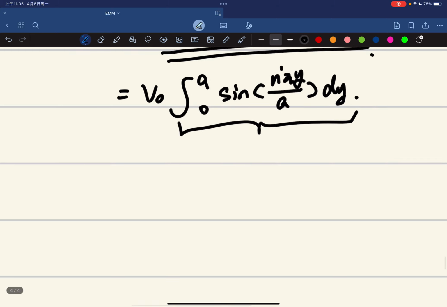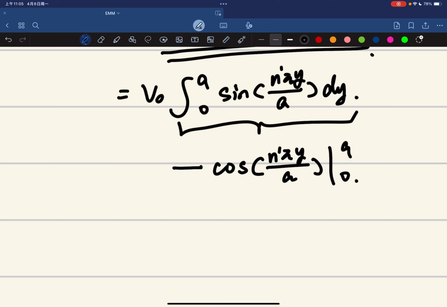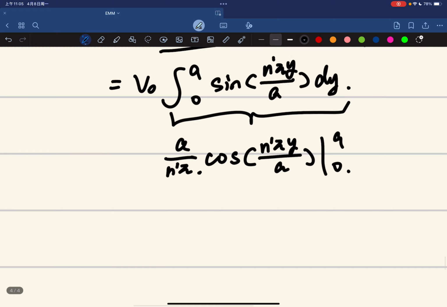Let's solve this. This is equal to n pi y divided by a, and the front coefficient would be the reciprocal of the constant inside. Oh, sorry. Okay, looks like this.